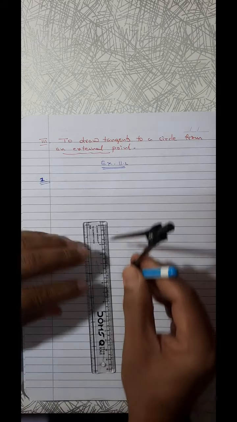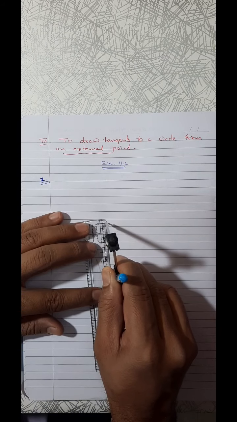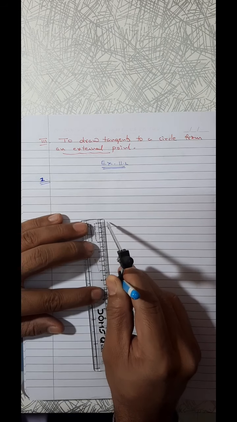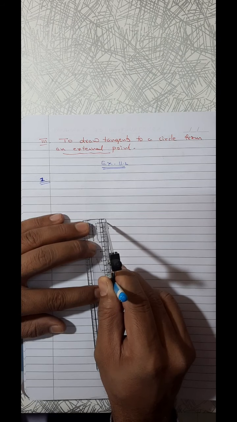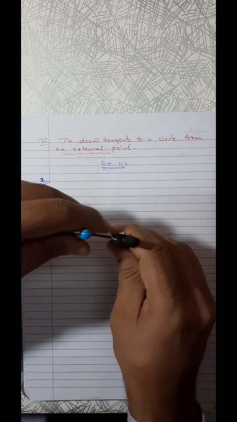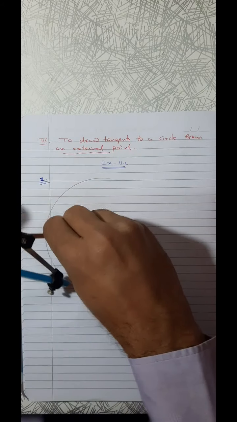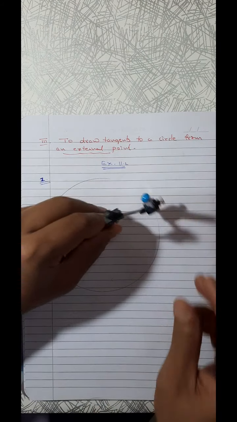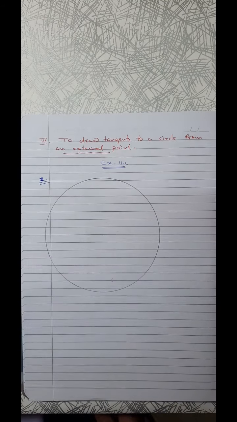So, first they are saying draw a circle of radius 6 cm.